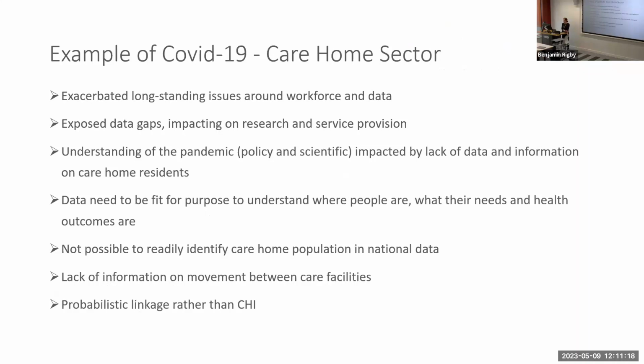So what we need is data to be fit for purpose. We need to understand where people are, what their needs are, and what their health outcomes are. But it's not currently possible to readily identify care home populations in national data. There's also a lack of information on when people move between different facilities.